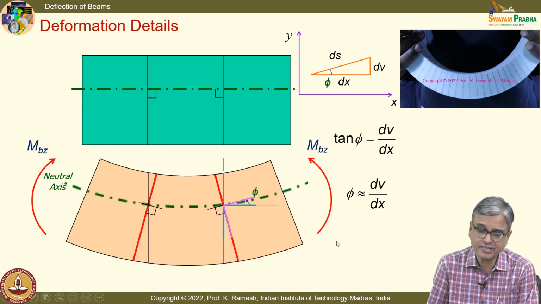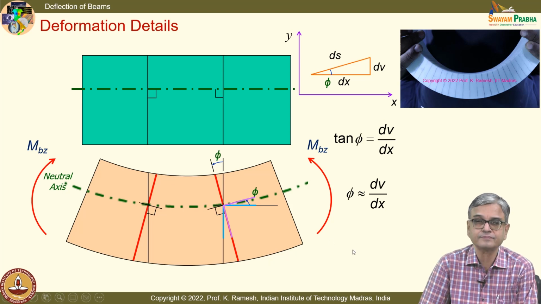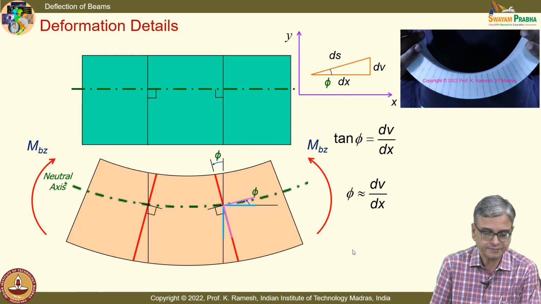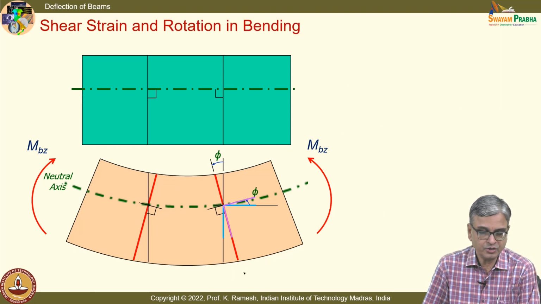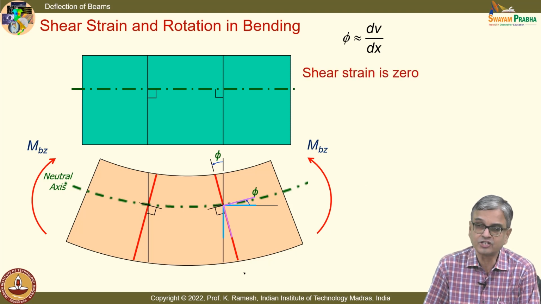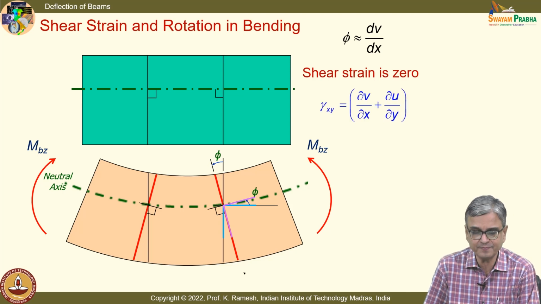So, this shows shear strain is 0, and from the geometry of the figure you can also denote that this is also angle phi. And we will also write the shear strain in terms of the displacement components. Gamma xy is dou v by dou x plus dou u by dou y, and we have seen gamma xy equal to 0.